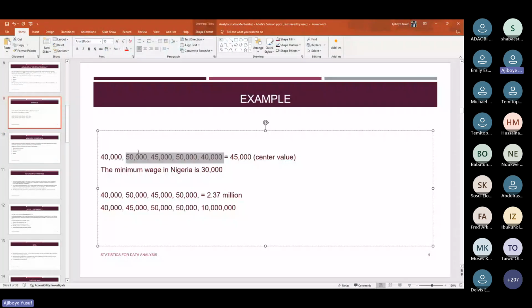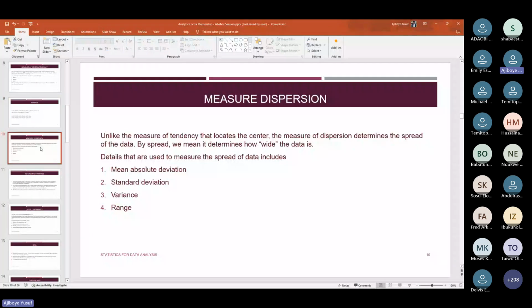That's why in Nigeria wealth is not evenly distributed: someone is earning like 150K now, the next person earns give or take 10K or 20K per month, and another person earns like 10 million. So there is a huge, wide spread from the center value. The government said the minimum wage in Nigeria now is 70K, right?